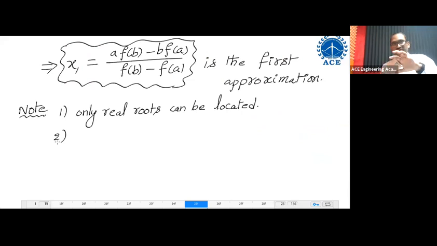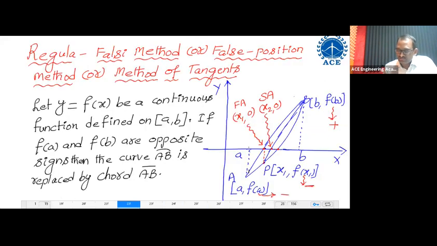Moreover, does this method guarantee convergence? Guarantee for convergence means guarantee for the right answer. So this method guarantees convergence. How can you say? First you are saying the root lies between a and b. Next the root lies between x1 and b, next x2 and b, next x3 and b.